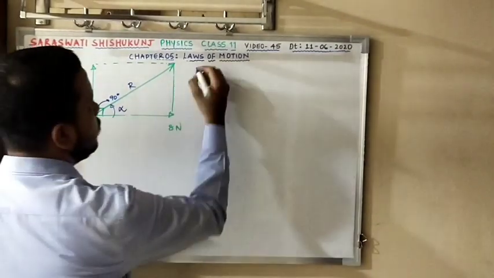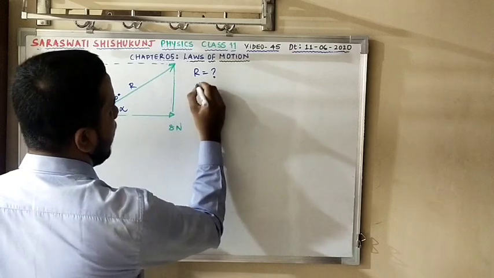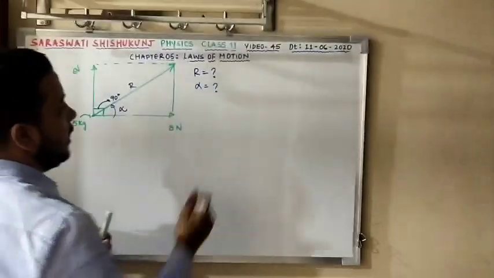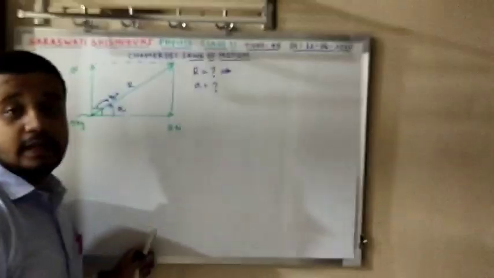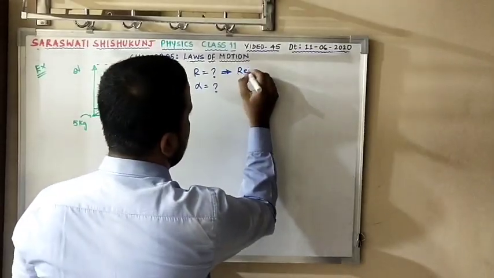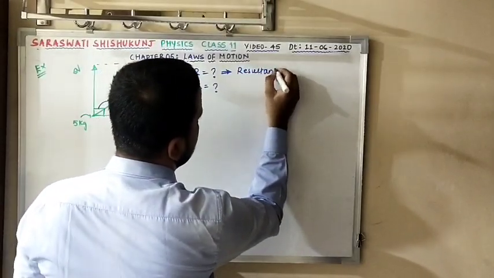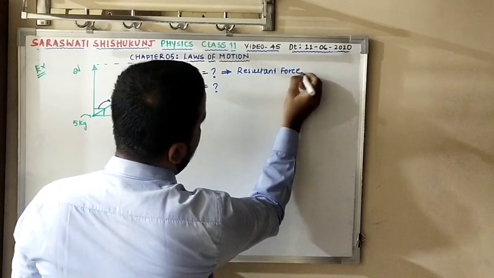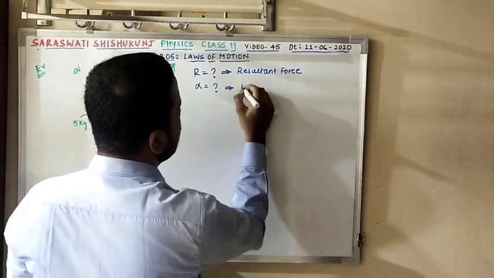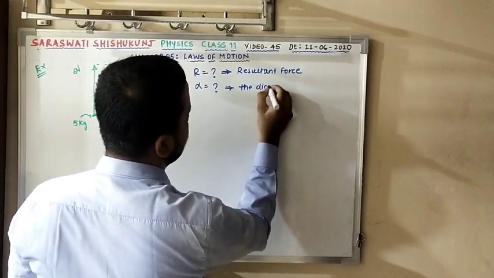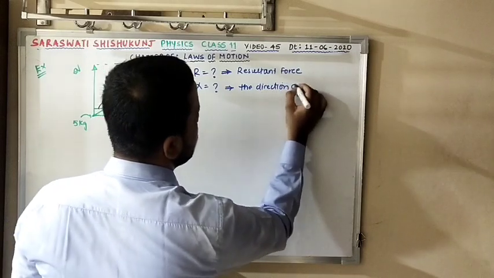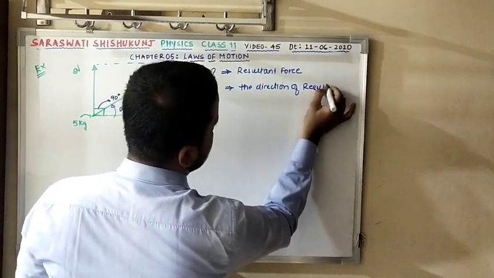So I need to calculate two things: first R, and then alpha. R is nothing but the resultant force, and alpha is the direction of the resultant force.